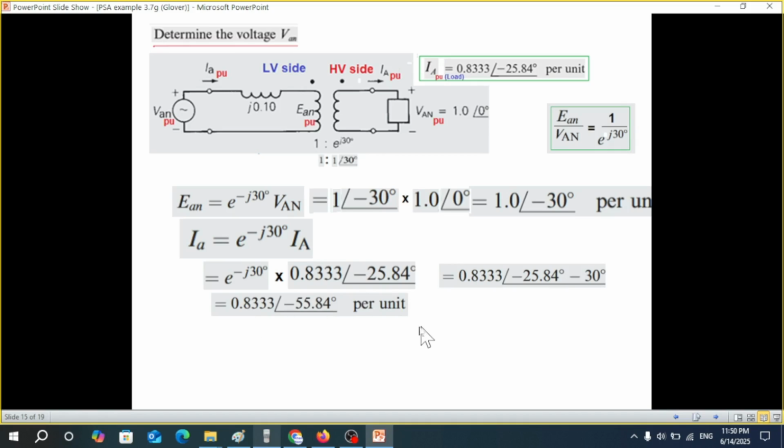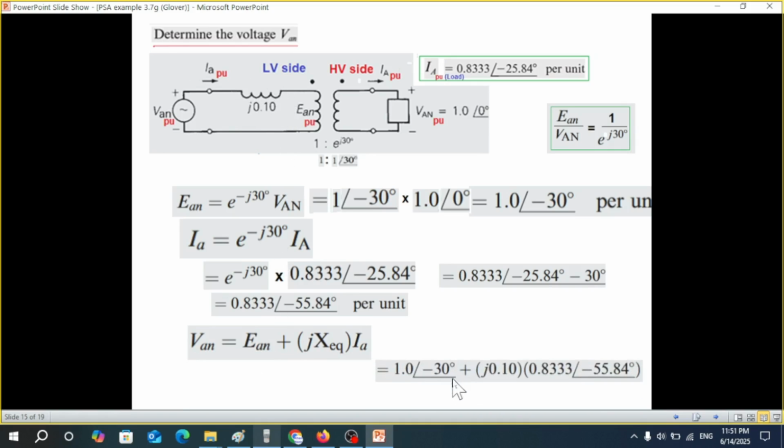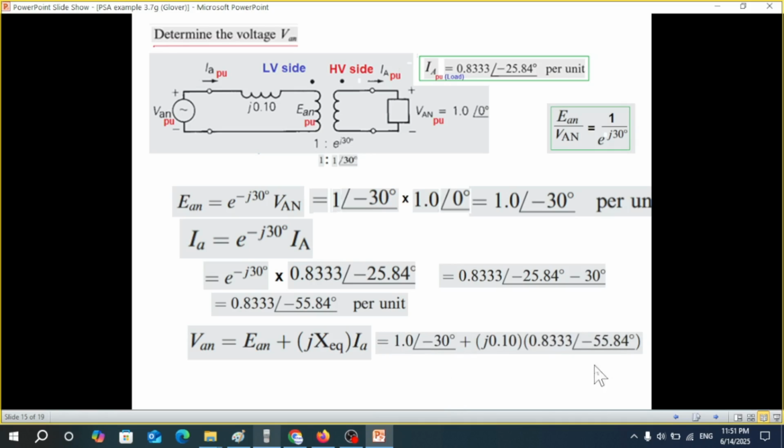So this will be per unit IA. Now VAN by the KVL is EAN and drop here. Putting in the values, EAN, this value from here, and this is the value of the second part.